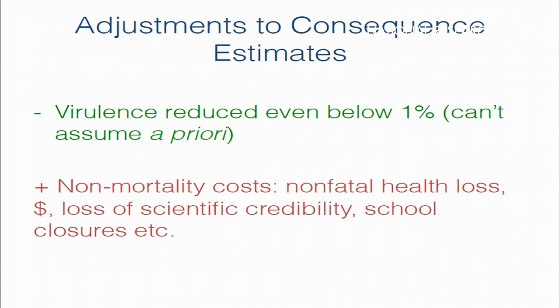These consequence estimates, too, could be adjusted. You might think that the CFR could go lower than 1%, though I would argue that one could not be sure of this when we initiate an experiment. On the other hand, the mortality estimate excludes social and economic costs, plus the exceptional damage that would occur to scientific credibility were there a human-generated pandemic.